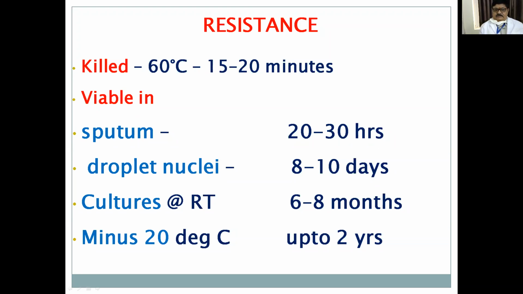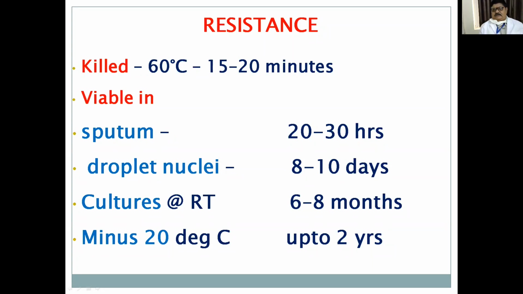So treat sputum samples carefully. As microbiologists, we regularly do sputum microscopy. In the sputum of a positive patient, they can be alive up to 20 to 30 hours. And in droplet nuclei, the route of spread, they can stay alive for 8 to 10 days.